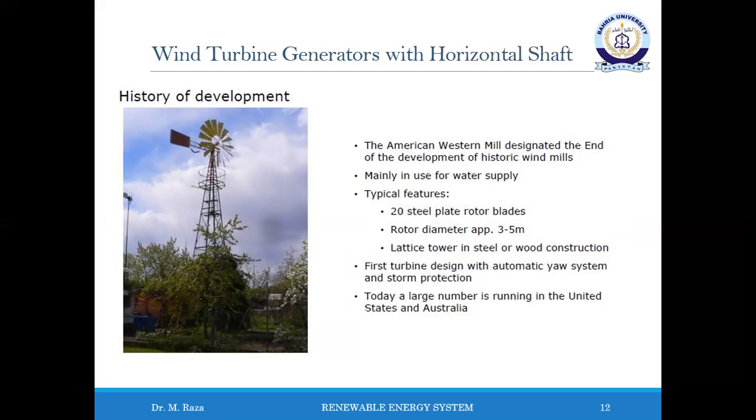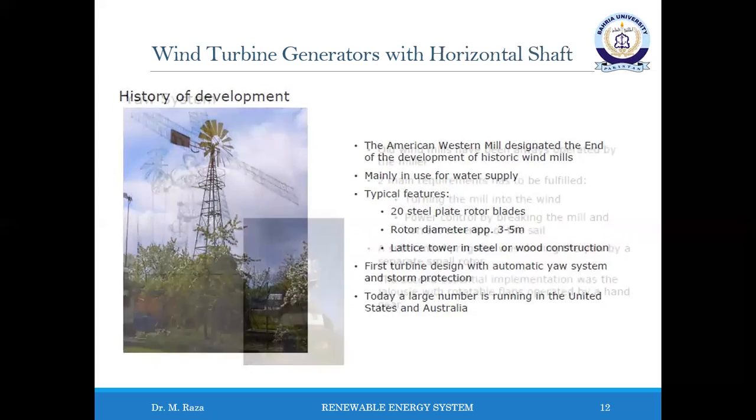The Western mill was the first windmill type with a fully automatically controlled yaw system, including a storm control. So the Western mill is still nowadays a modern machine, of which tens of thousands are installed with a nearly unchanged design in Australia, Argentina, and the USA.